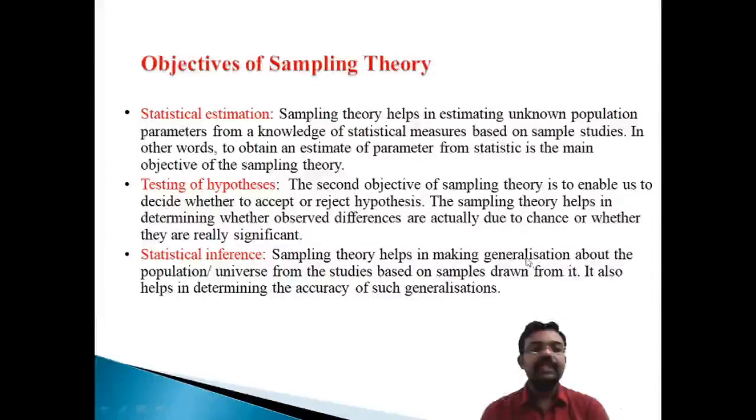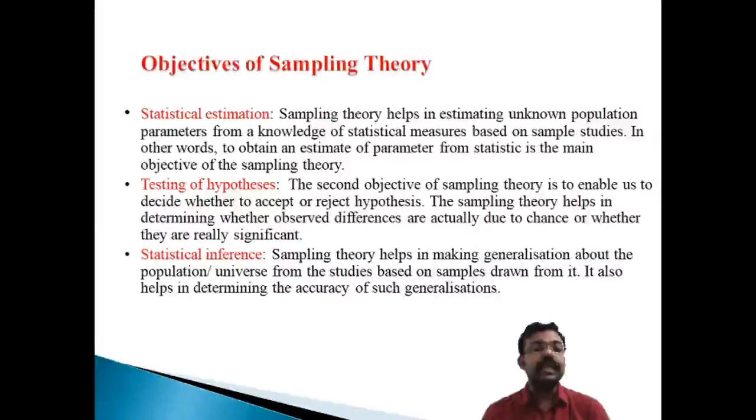The first one is statistical estimation, the second one is testing of the hypothesis, and the third one is statistical inference. The first important objective of the sampling theory is statistical estimation. That means the samples are utilized for the data analysis.